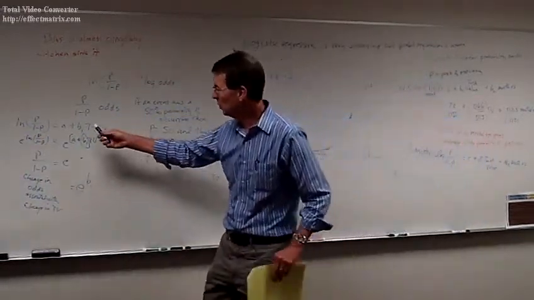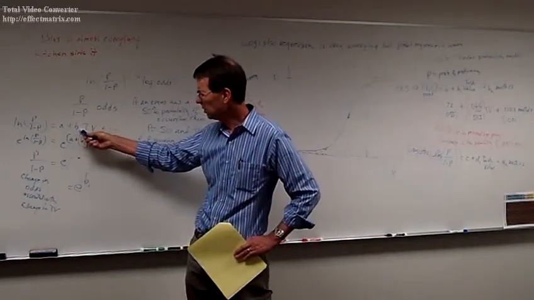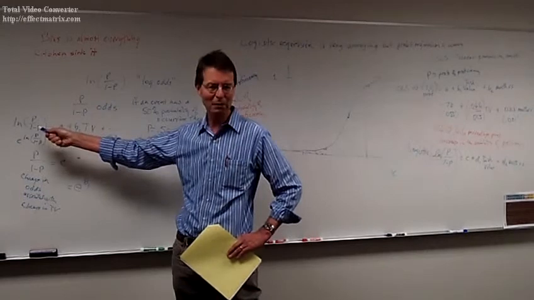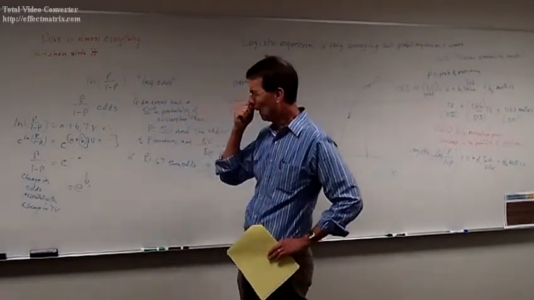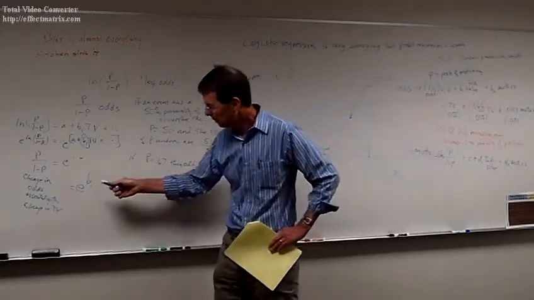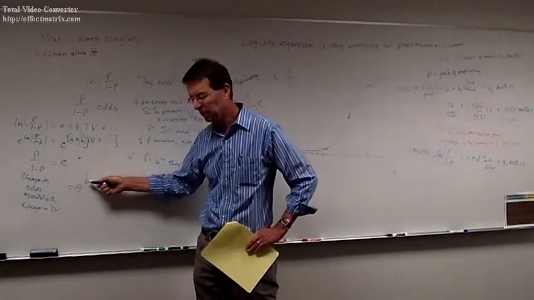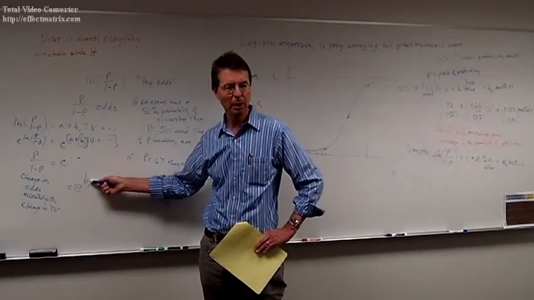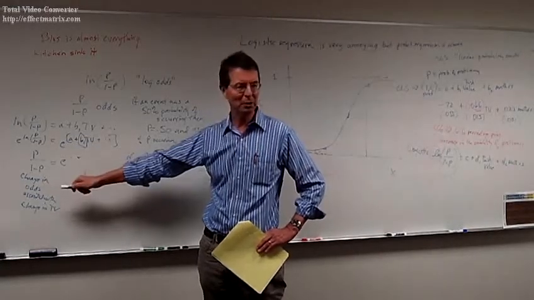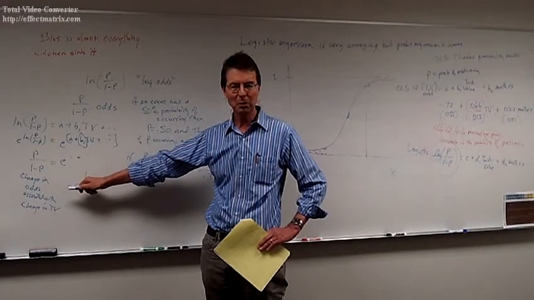Right? So B1 has this interpretation that a 1 unit change in task value is associated with a B1 change in the log of the odds of something. But if we exponentiate B1, then we get something that's a little bit better, which is an odds ratio associated with change in X.